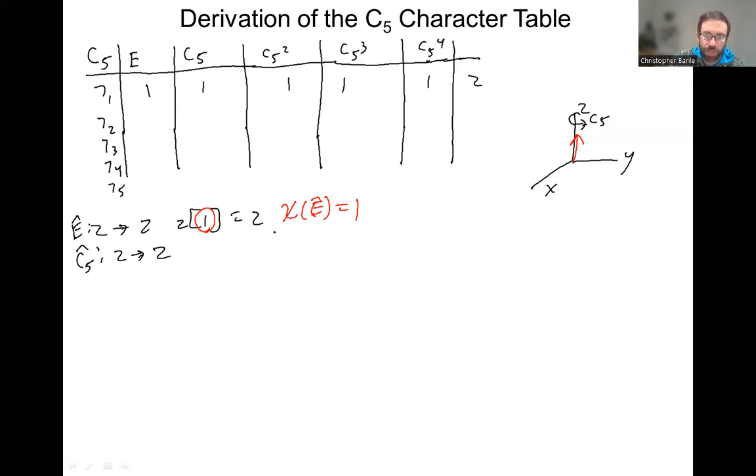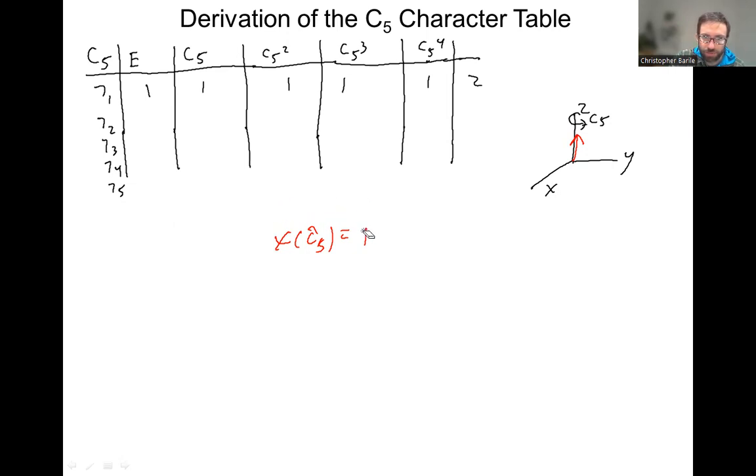Same logic here, and you're going to get chi of C5 is equal to 1. And all these other rotations are the same thing. It's just a different angle that you're rotating by, but you still have that z vector pointing up. So you're going to get 1s across the board. So your z vector is totally symmetric. Okay, now let's do x. x is going to be a lot more interesting and complicated.